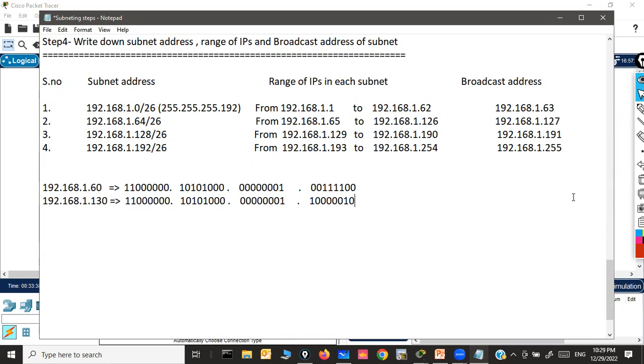It plays an important role in network optimization and routing. It's not only about minimizing wastage of IPs; subnetting or network segmentation also plays a very important role in network optimization. So you'll have to understand subnetting very well.